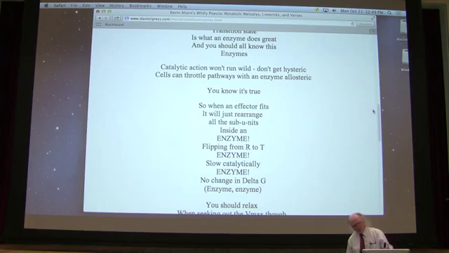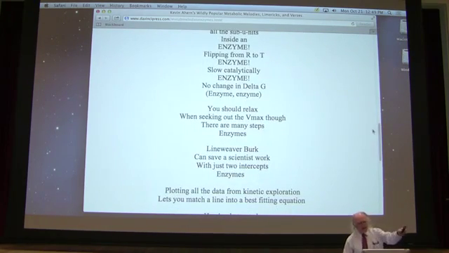You know it's true. So when an effector fits, it will just rearrange all the subunits inside an enzyme. Flipping from R to T, enzyme, slow catalytically, enzyme, no change in delta G, enzyme, enzyme.